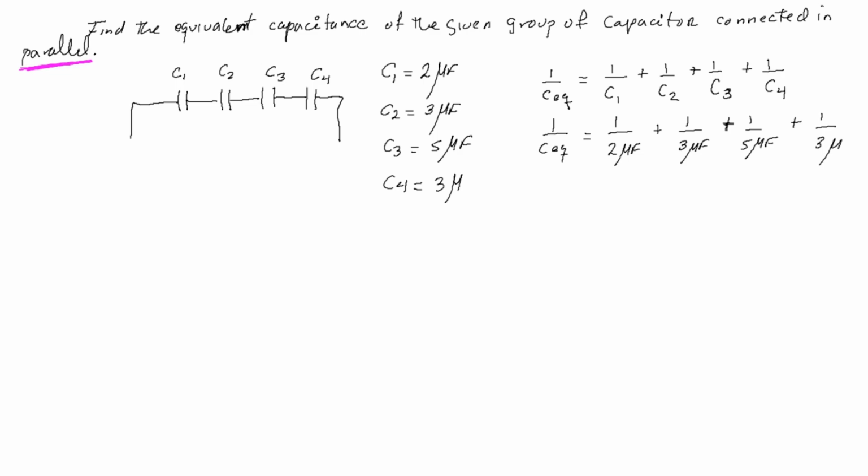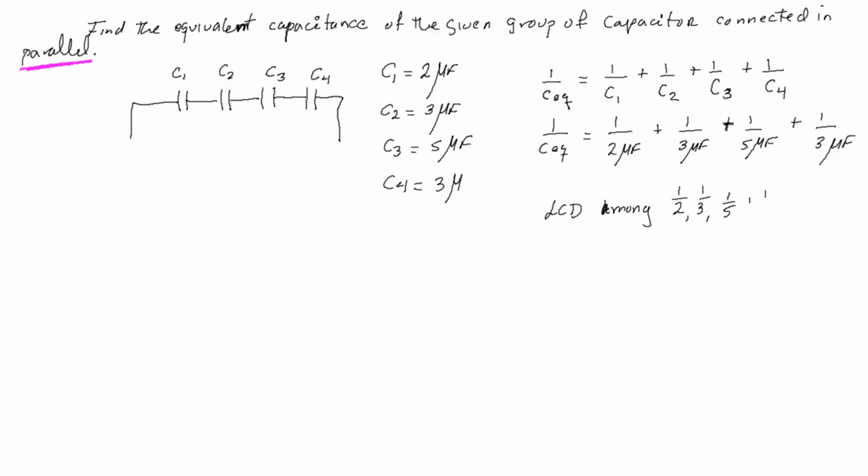And now, let's go over our knowledge of algebra. What is the least common denominator among 1 over 2, 1 over 3, 1 over 5, and 1 over 3?